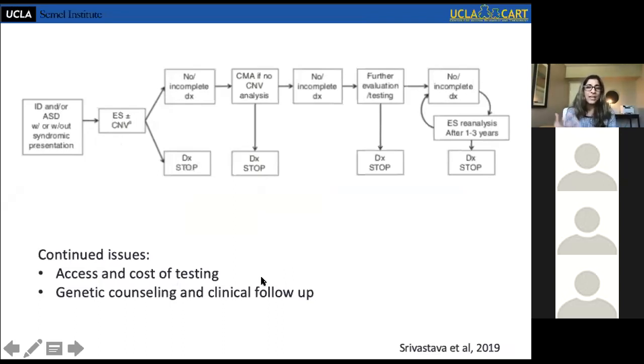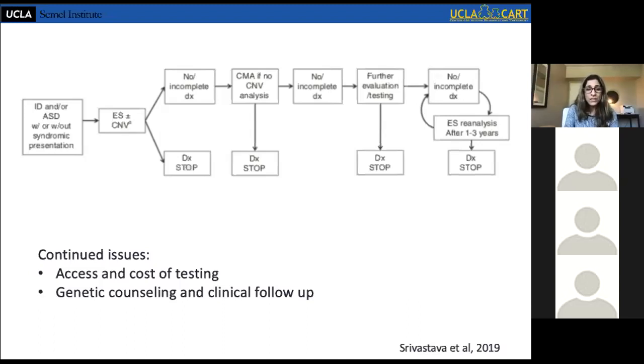Part of the challenge is that whole exome sequencing is quite a bit more expensive and not as easily accessible, so we do sometimes face that challenge. Even in our clinic, we are not often able to obtain whole exome sequencing on every patient. But I think that will be changing over time, especially as insurance companies become more aware that this testing can be quite high yield.